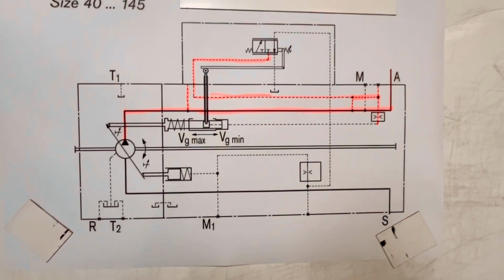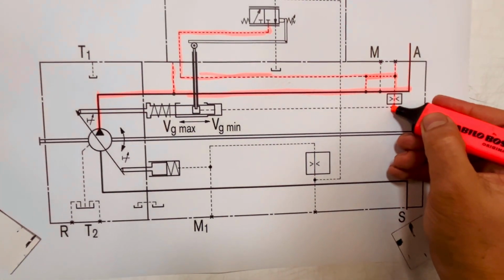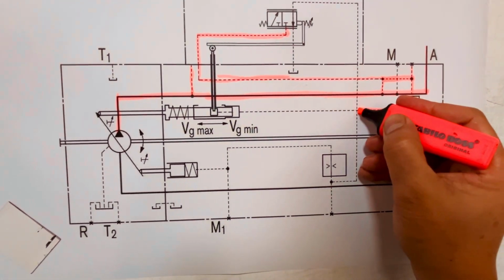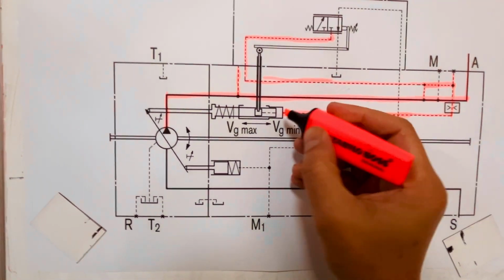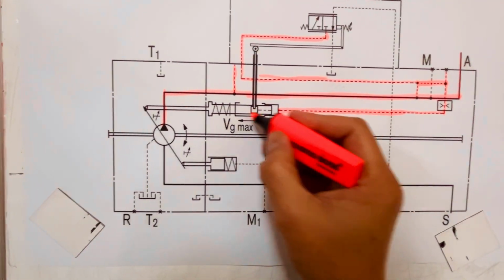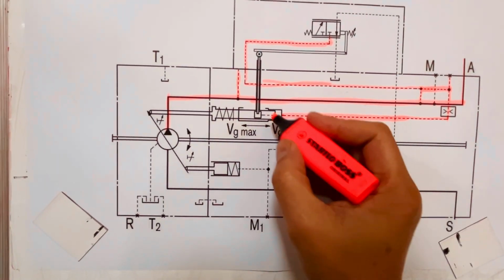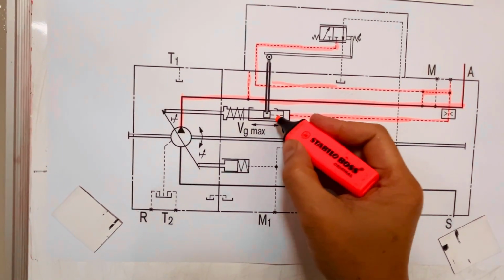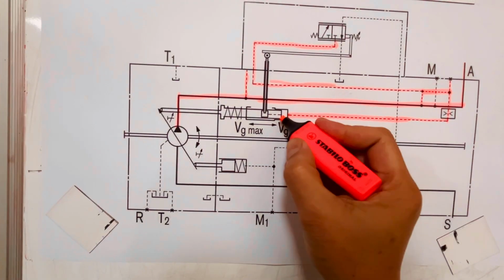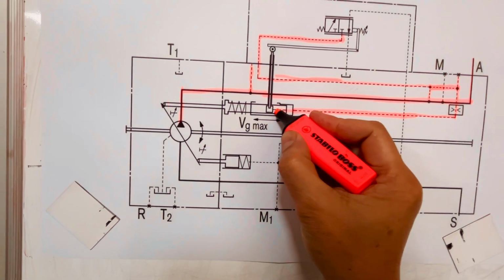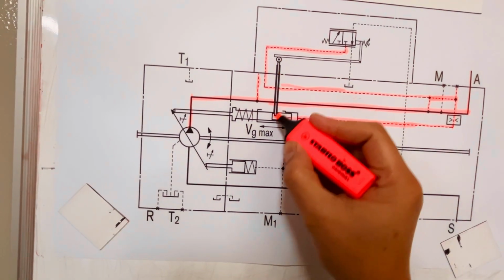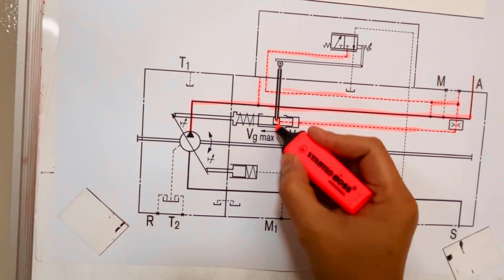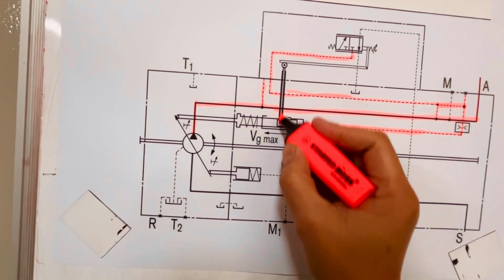Now this is the interesting part, guys. Here, this is the stroking piston, and in the stroking piston there's a drilling. That drilling will connect to this area here. This is your feedback piston or rocker cam.